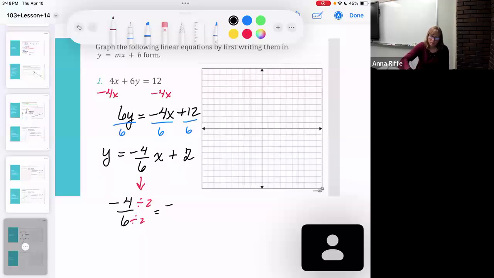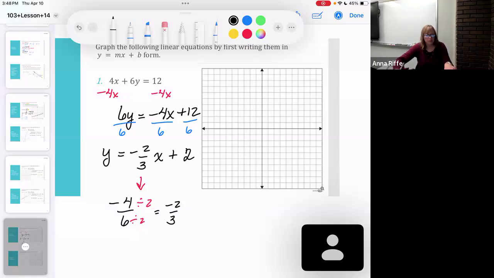That leaves me with negative 2/3. I'm going to write that in my equation instead, just because those are smaller numbers and easier to deal with. We will get the same graph though, regardless of which form of the slope we use.